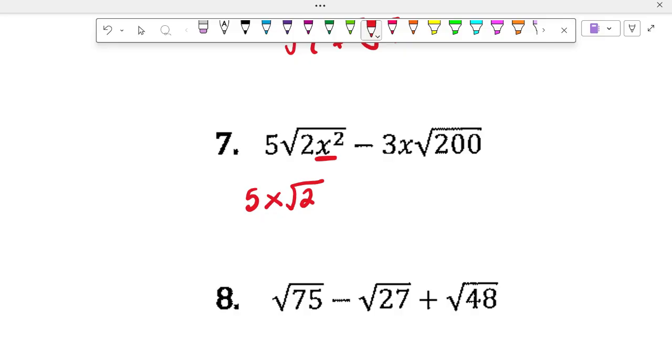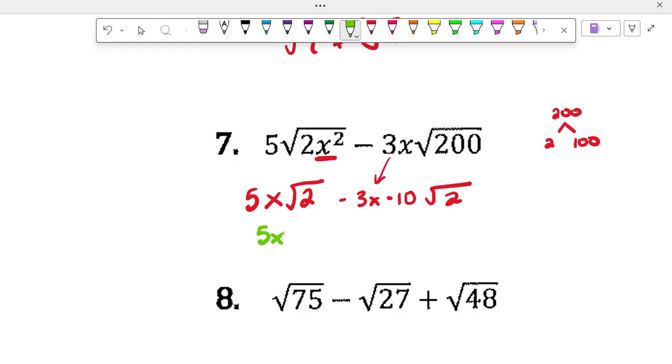What about 200? Can I simplify that down? What's the perfect square in 200? 100. I'm left with a 2. So what gets pulled out? 10. And make sure you bring down that negative 3x. What's left under the radical? 2.